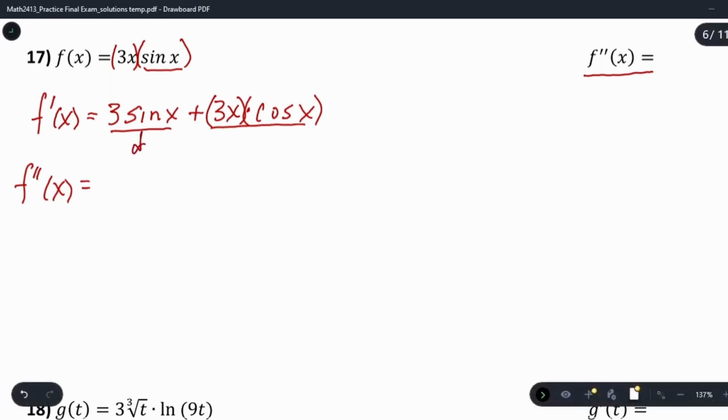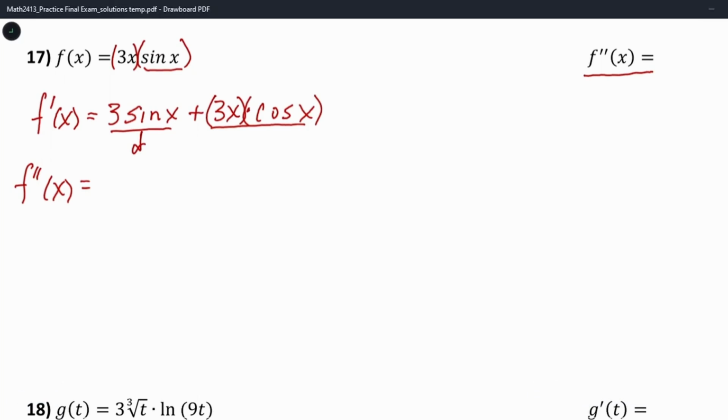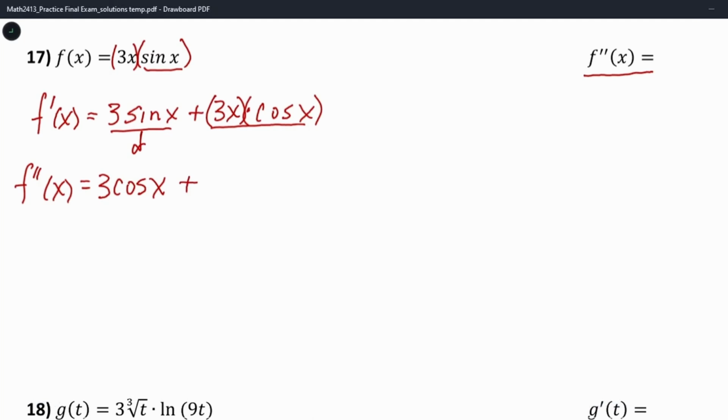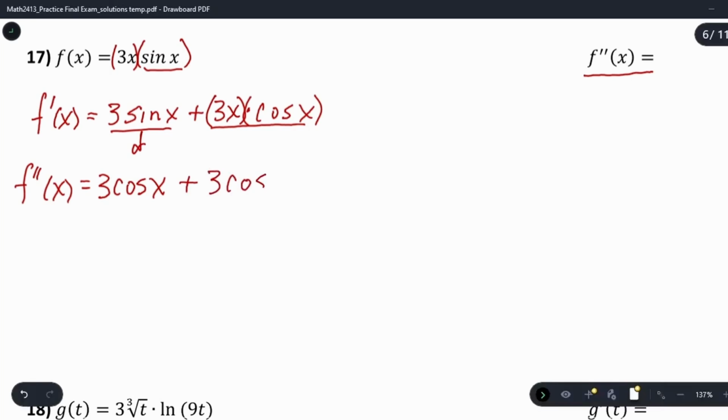So, for the first term, the derivative of sine is cosine. That's going to leave us just 3 cosine of x plus, and then the product rule, the derivative of the first times the second plus the first times the derivative of the second. And the derivative of cosine is negative sine x.